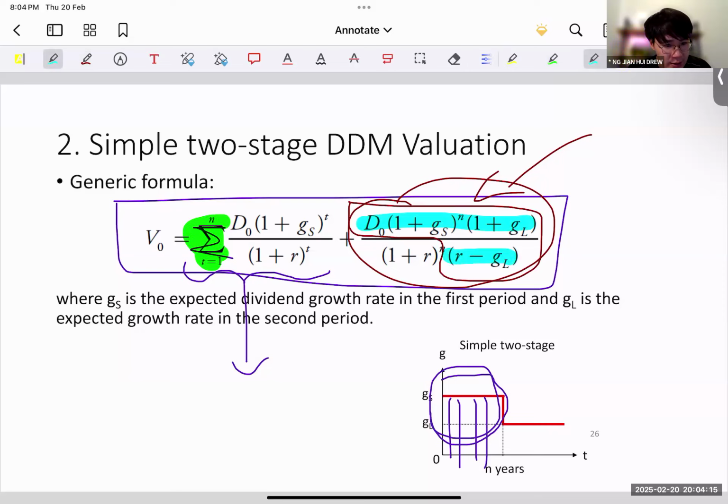This portion here is your growing perpetuity, and then this portion here is your discounting of your terminal value. So in light blue is your calculation of terminal value, and then this part here is your discounting. So it's actually the same thing, but now it's displayed in formula form. In case you don't have Excel, you can use a formula like this to help you solve the question.